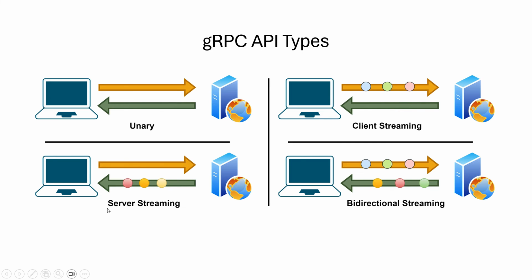Similarly, there is server streaming, where the client will just request and the server can keep on streaming the responses until the client or server closes the connection. And similarly, bidirectional, where the client can keep on sending requests and the server can keep on responding back with the responses it generates. Right?